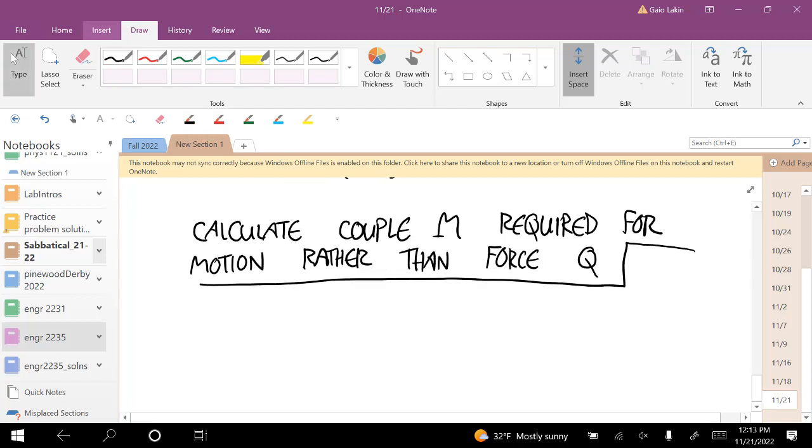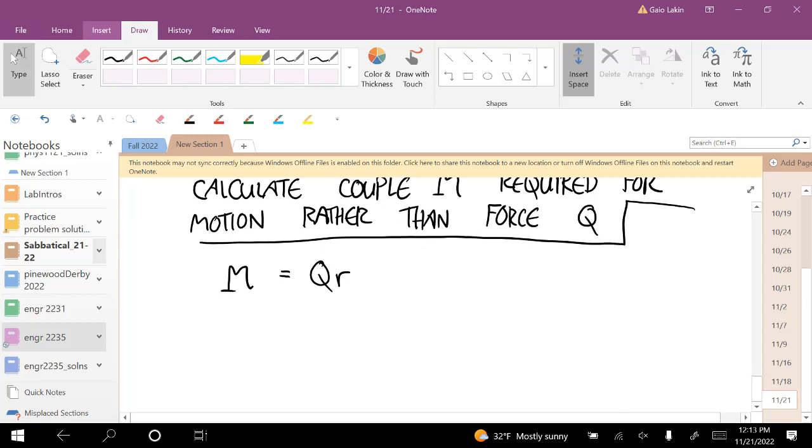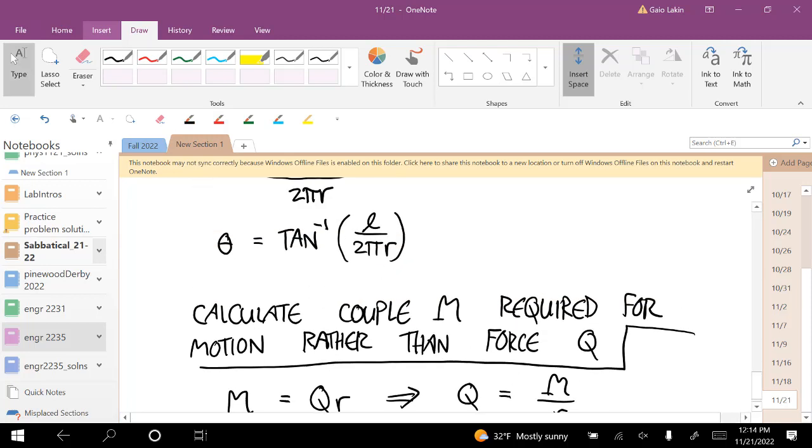And so you just have to keep in mind, notice that this couple that's required to turn it is equal to Q times R. And so that Q is equal to M over R. So you can first do the calculation with the angle and with Q, and then substitute in whenever you want.